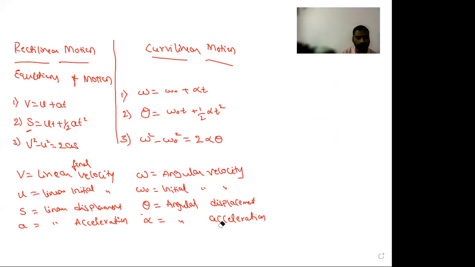First, write on curvilinear motion. Don't write this one, I will tell.